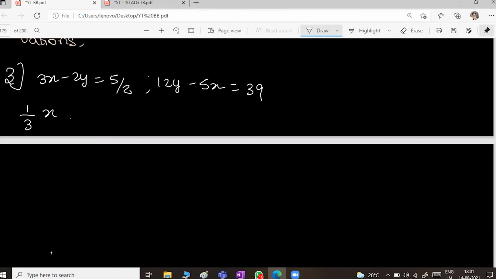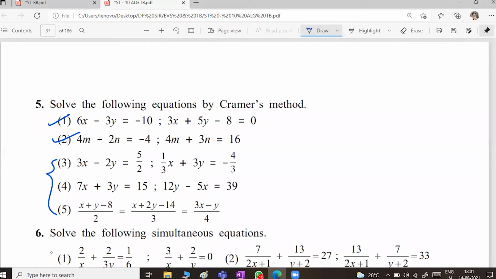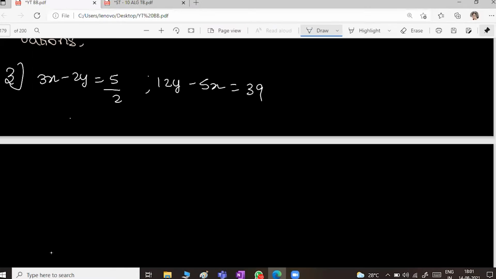Wait a minute, have patience. 3x minus 2y is equal to 5 upon 2, 12y minus 5x is equal to... I have written the same question. I have written something wrong. 1/3 x. Yes, I'm thinking the same. I have copied the wrong question.